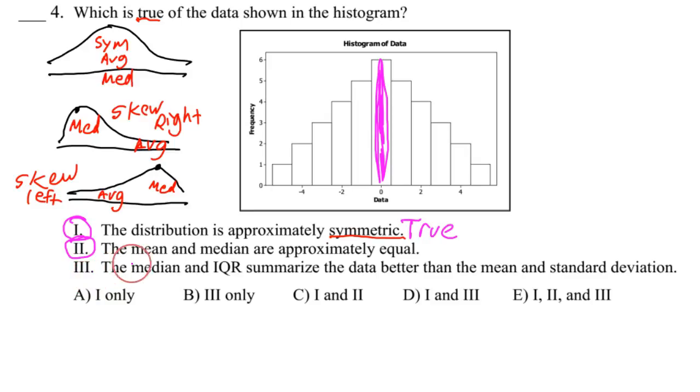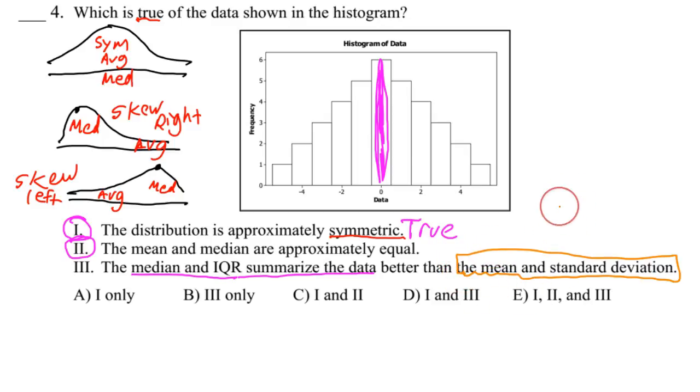Now, number 3 says the median and the IQR summarize the data. Okay, and it says that it summarizes it better than the other 2, which are the mean and standard deviation. So the question comes down to, when do you use these?